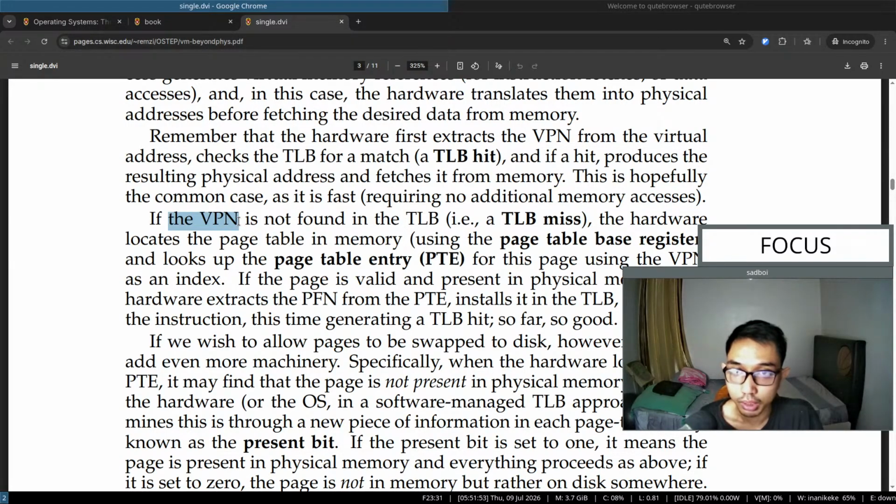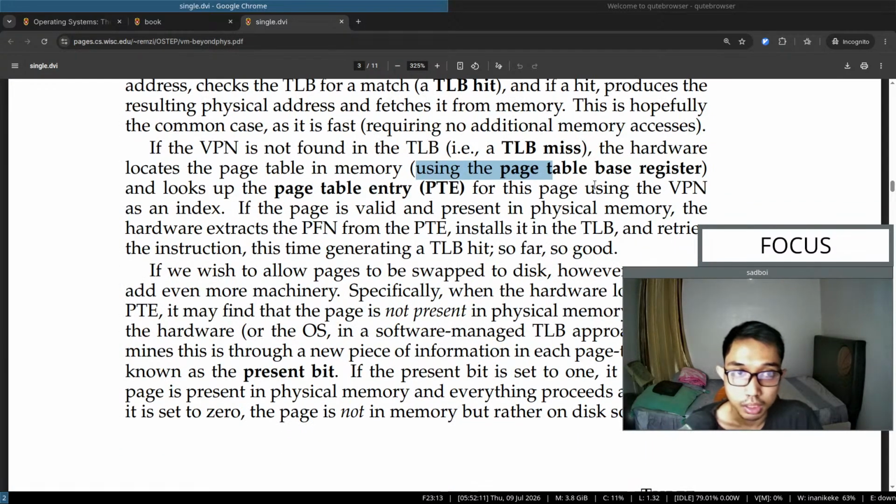If the virtual page number is not found in the TLB, the translation lookaside buffer, that is a TLB miss, the hardware locates the page table in memory using the page table base register and looks up the page table entry, the PTE, for this page using the virtual page number as an index.